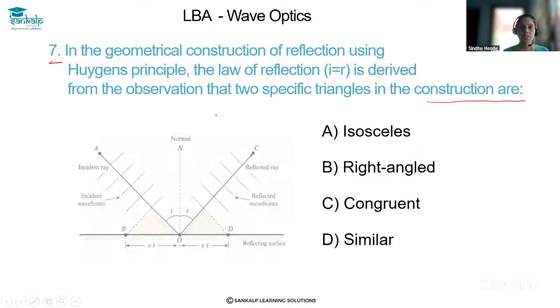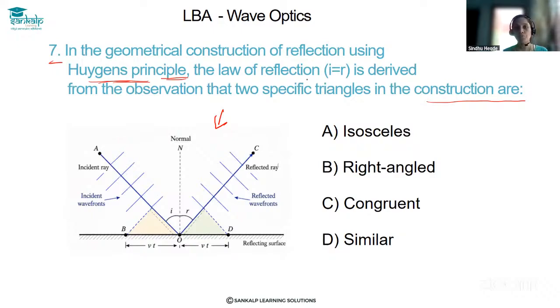Look at this image. According to the construction of reflection using Huygens principle, the law of reflection i equal to r means the angle of incidence i is equal to the angle of reflection r. Which type of construction matches here?